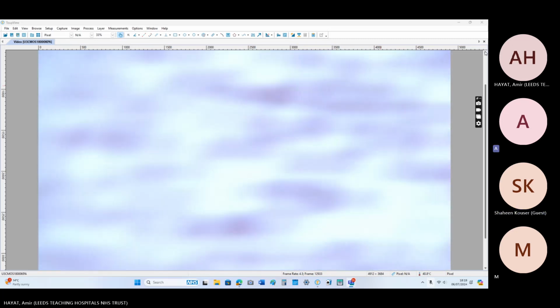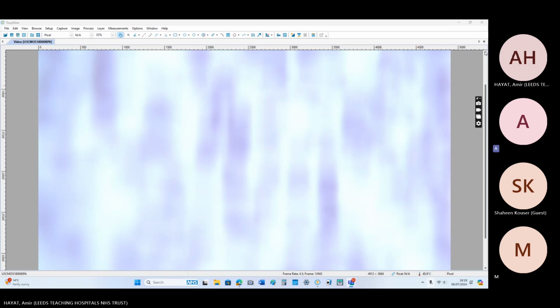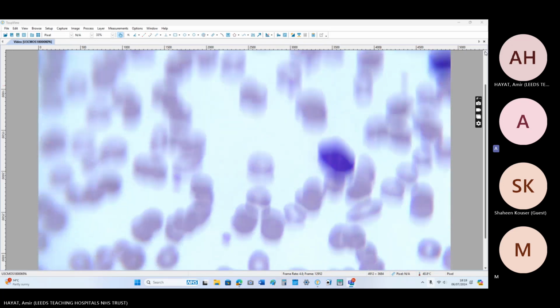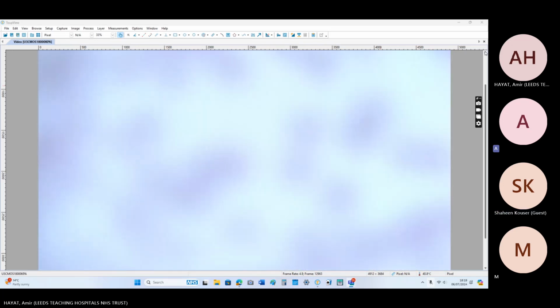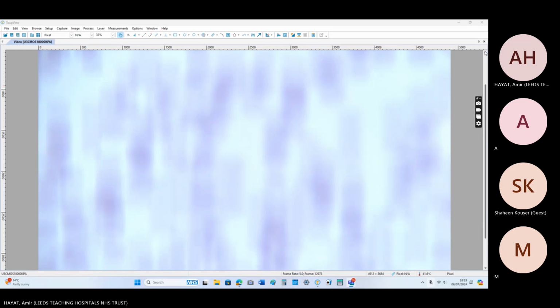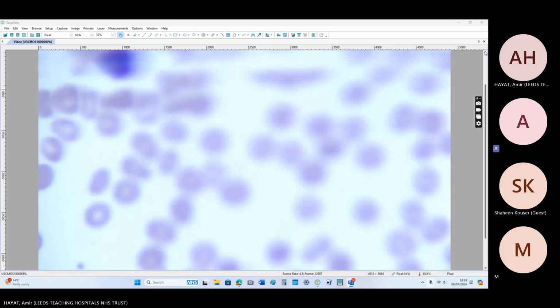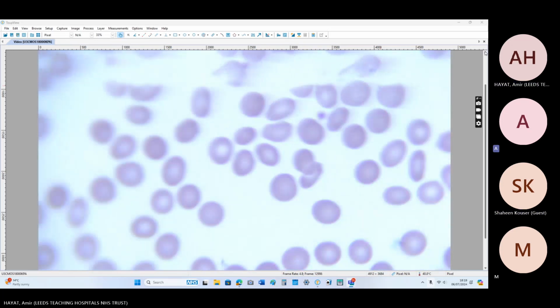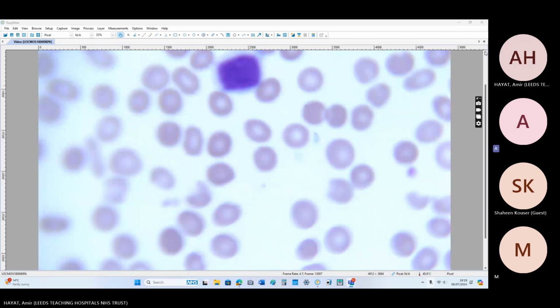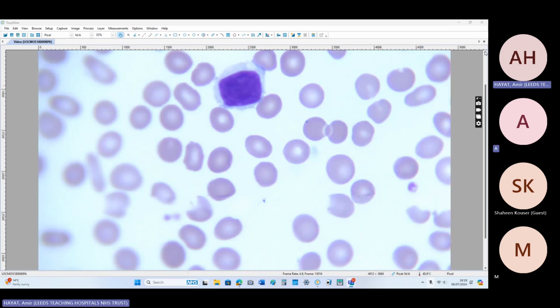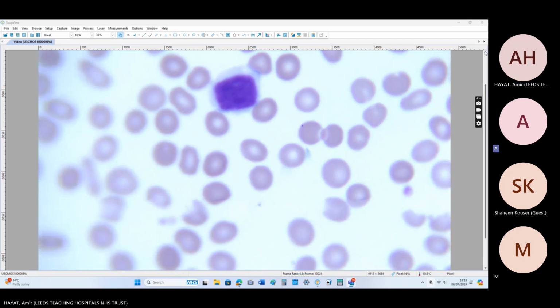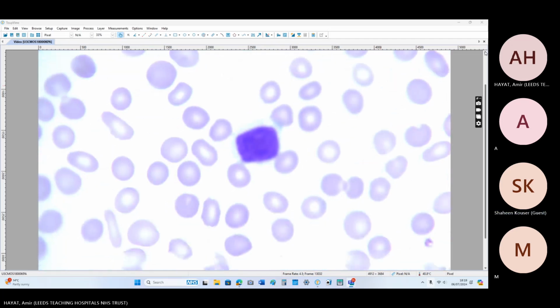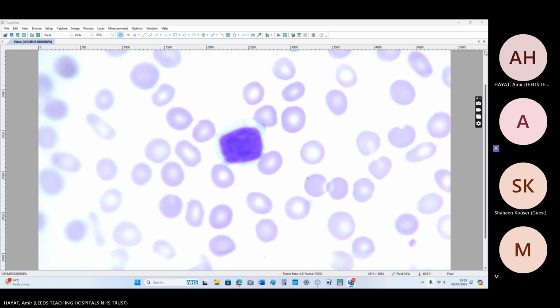RBC morphology is unremarkable, however few elliptocytes were seen. Platelet count seems to be normal. I did not see any spherocytes. So, in conclusion, it's a lymphoproliferative disorder. I would like to go for immunophenotyping or flow cytometry.